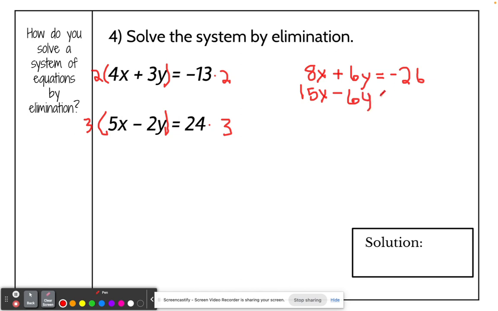And 3 times 24 is 72. Now I can add. 8 plus 15 is 23x.